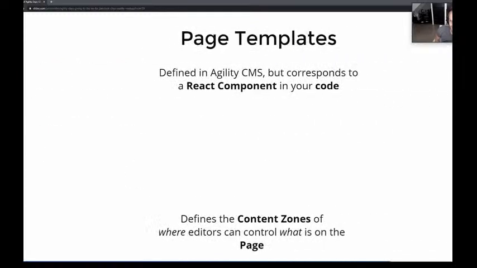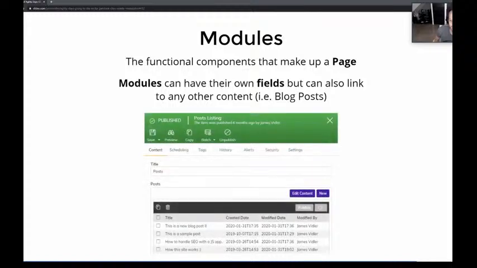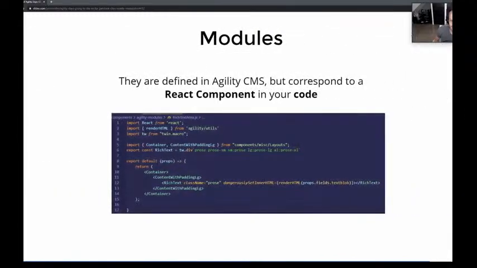I'm going to skip ahead a little bit here. This is an example of a module in your code. Here we've got this React component, I think it's using React, where it's a simple rich text area. It just outputs some text.